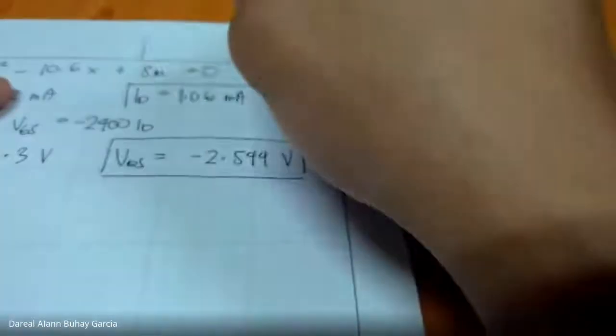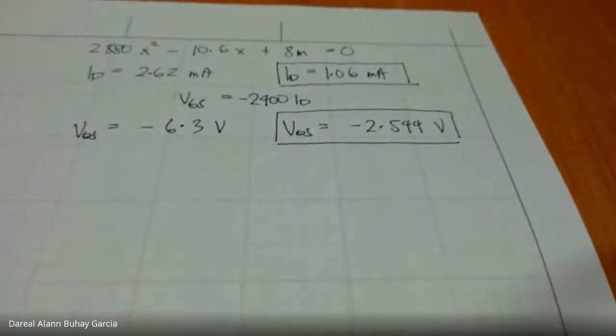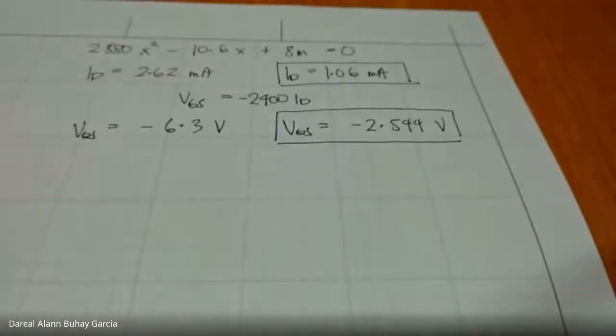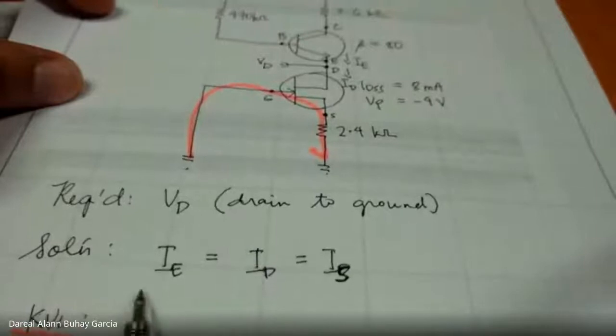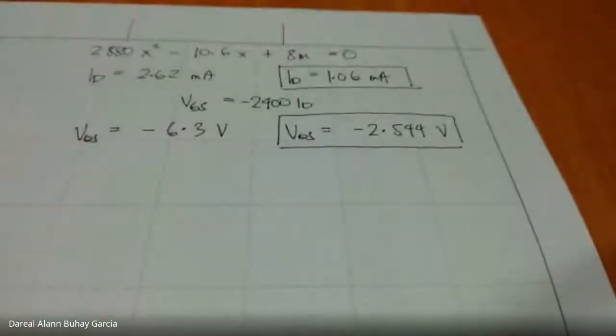So that is the correct VGS, and therefore the correct ID. The other is more negative than negative 4, so this is the correct answer. Now that we have VGS, we have ID, and so IS and IE.